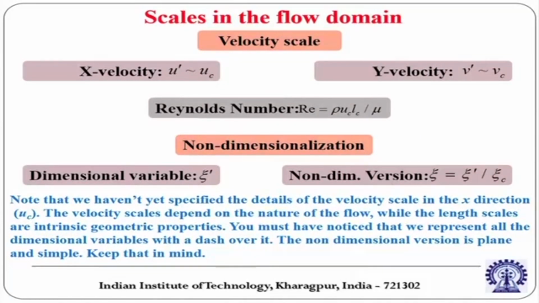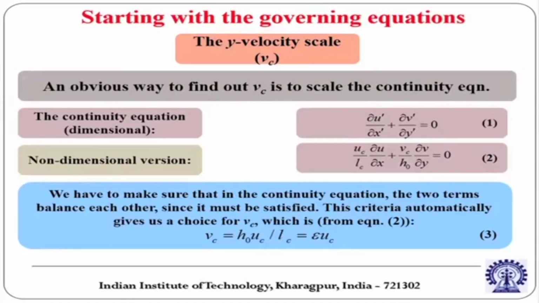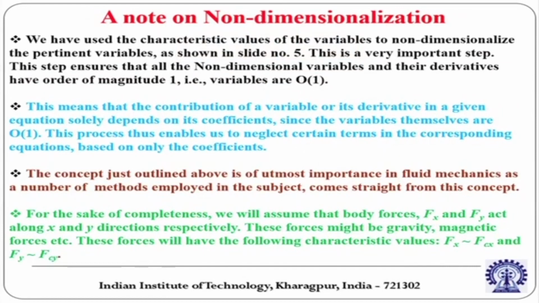We have used various non-dimensional parameters. I will go through these slides pretty quickly because this is just to sum up, not to give you any new concept. And we have obtained the velocity scale along y in terms of the velocity scale along x using the continuity equation.